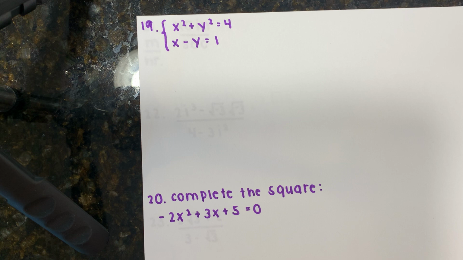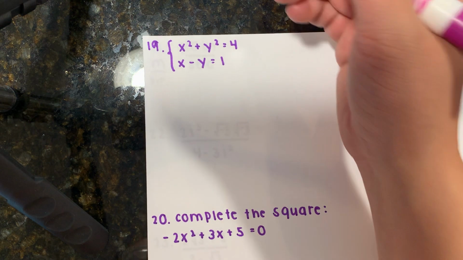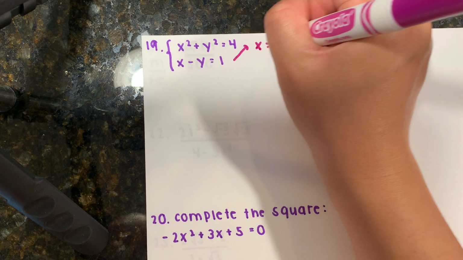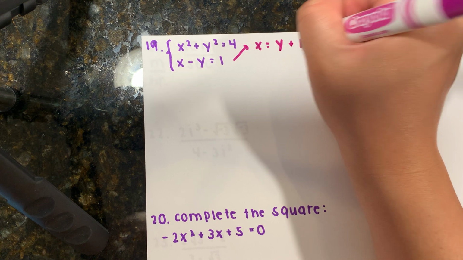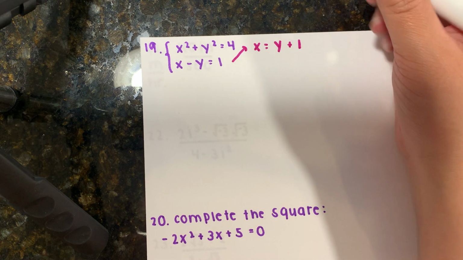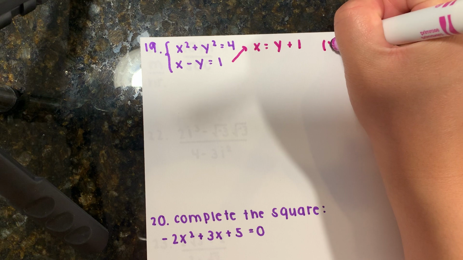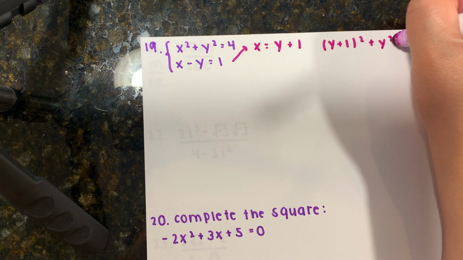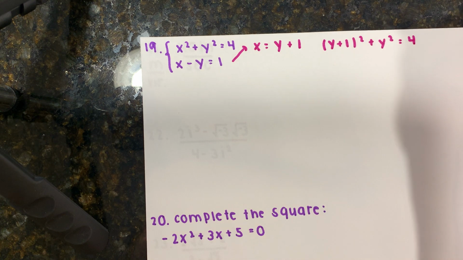Now looking at number 19, the first thing that I'm going to do is solve for x. So x will be equal to y plus 1, and I'm going to plug that into this equation right here. So that would be (y plus 1) squared plus y squared equals 4.